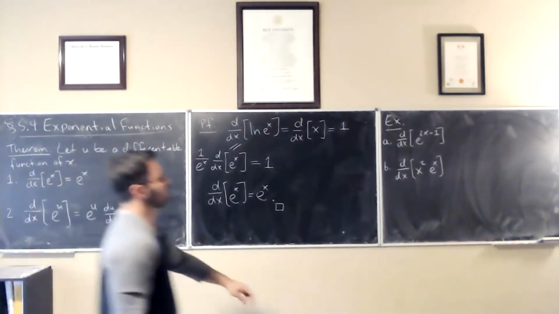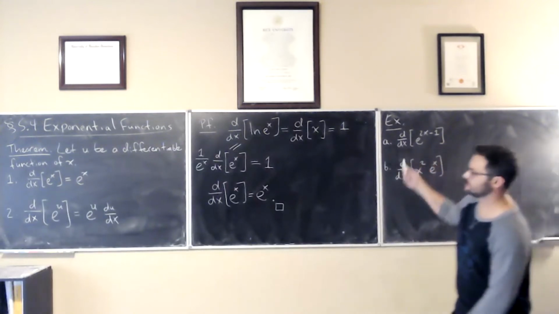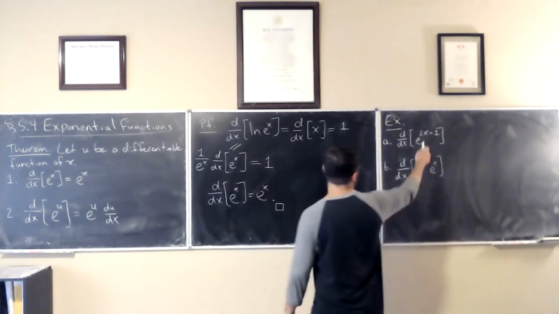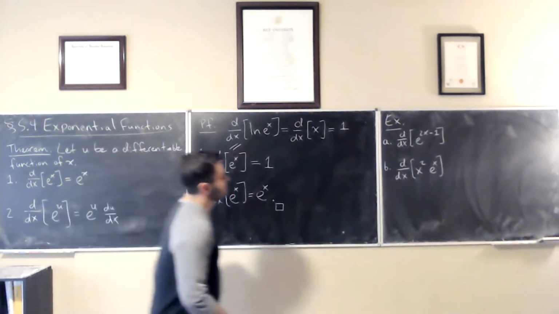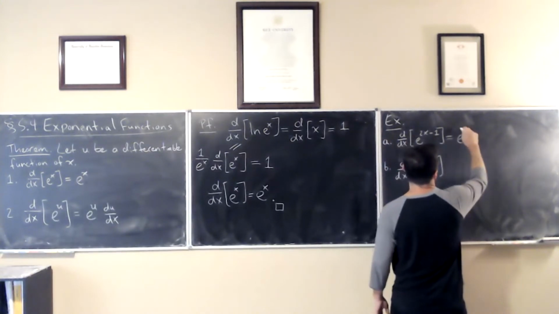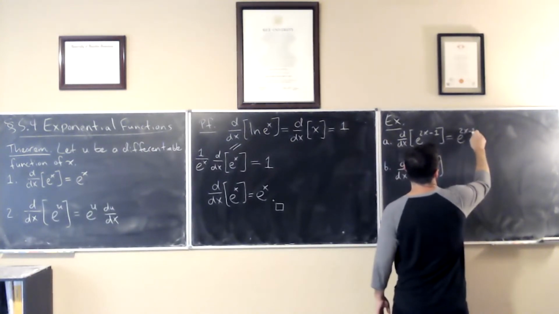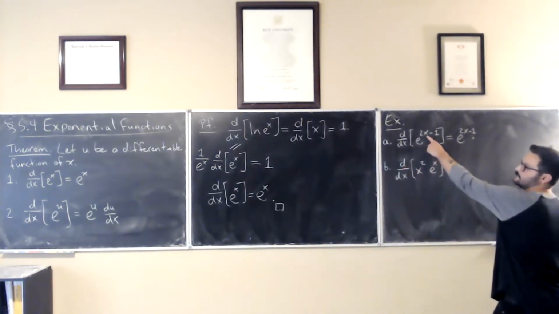So, okay, what does this say? In both cases, we have u up top as a function of x. So here, this is just going to be e to the power u times the derivative of that with respect to x.